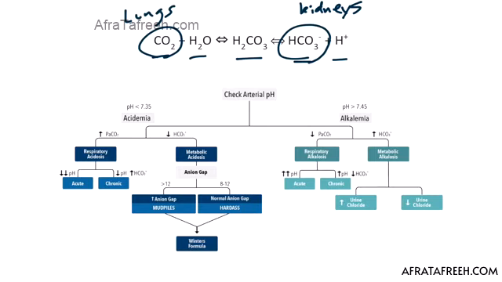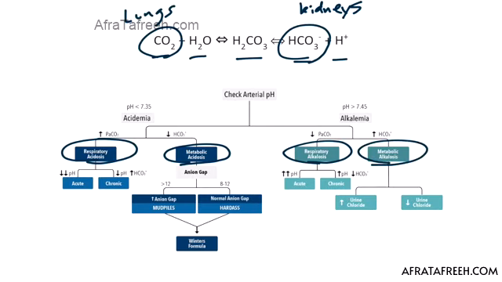Visualizing the changes that occur with this equation is key to understanding the 4 major acid-base abnormalities: a respiratory acidosis, metabolic acidosis, respiratory alkalosis, and metabolic alkalosis.